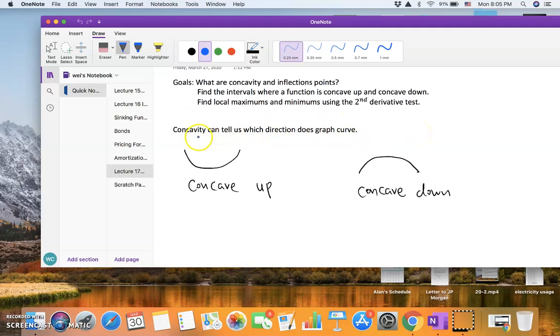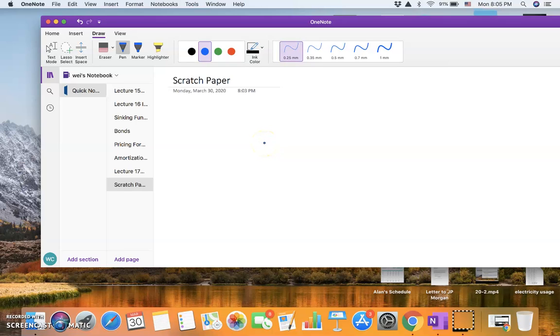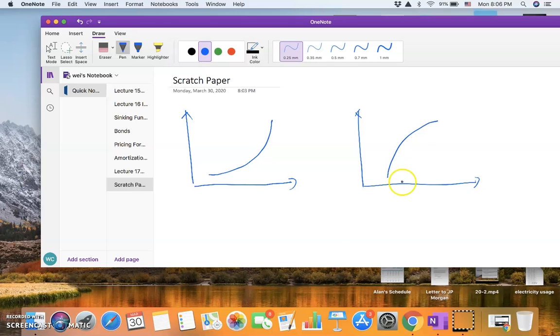Now, the concavity can tell us which direction the graph curves. So what does this mean? We know if a function is increasing, then the graph could be like this, or it could be like this, right?